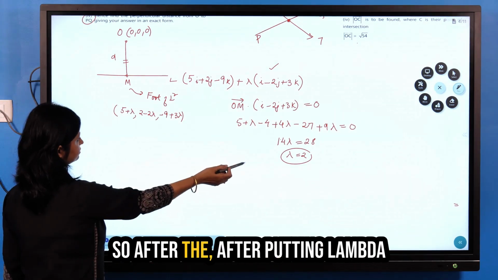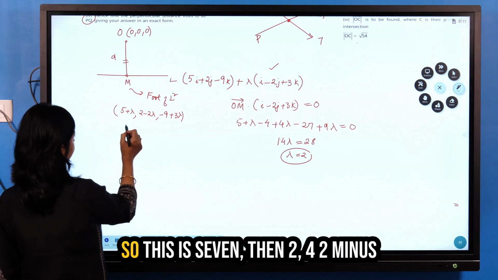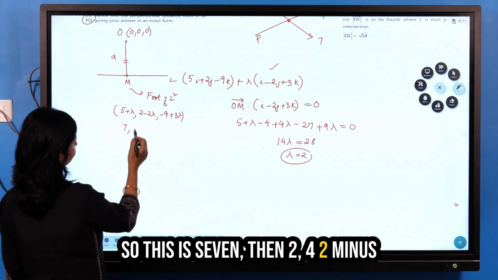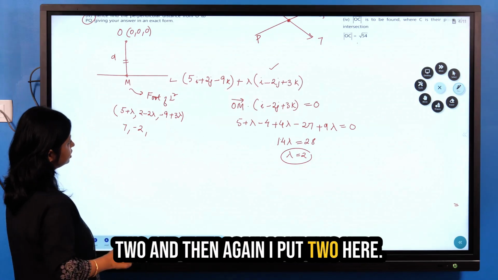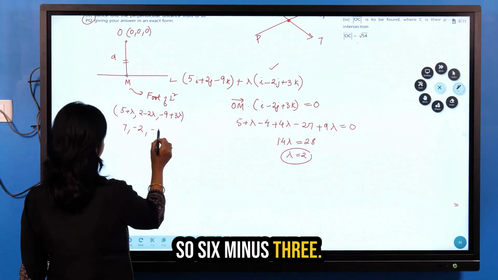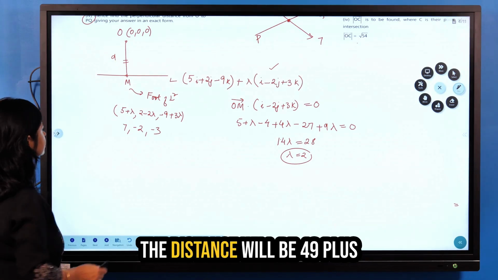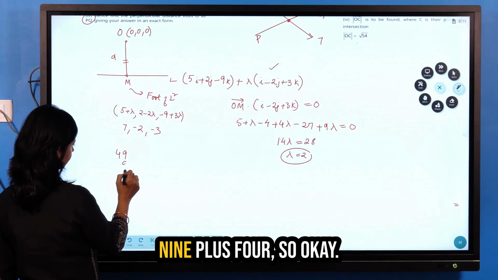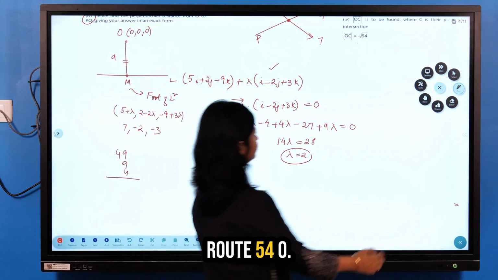After putting lambda here, this is 7, then 2, 4, 2 minus 2, and again I put 2 here, so 6 minus 3. And then the distance will be 49 plus 9 plus 4, so root 54 we will get.